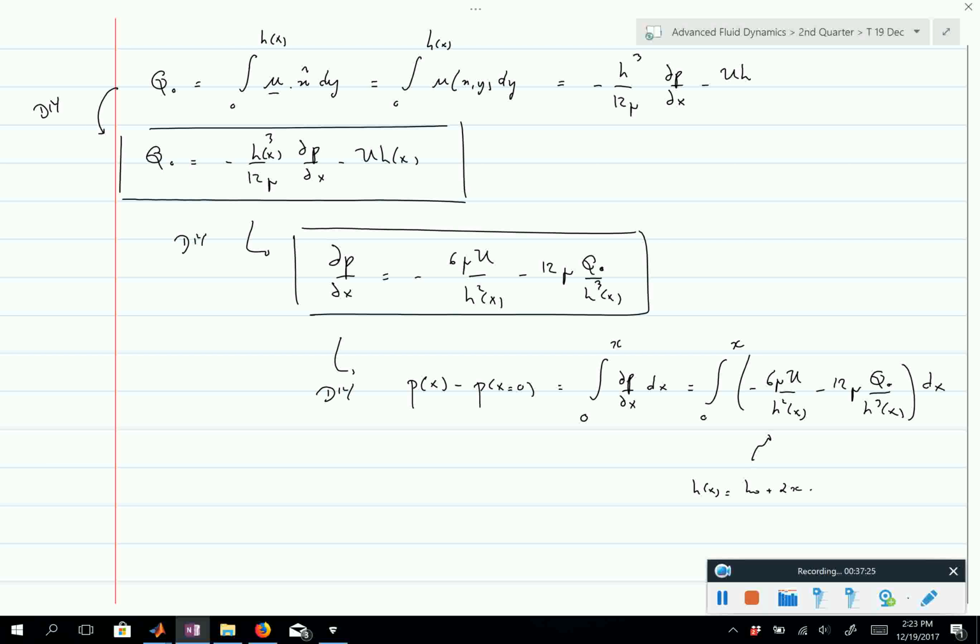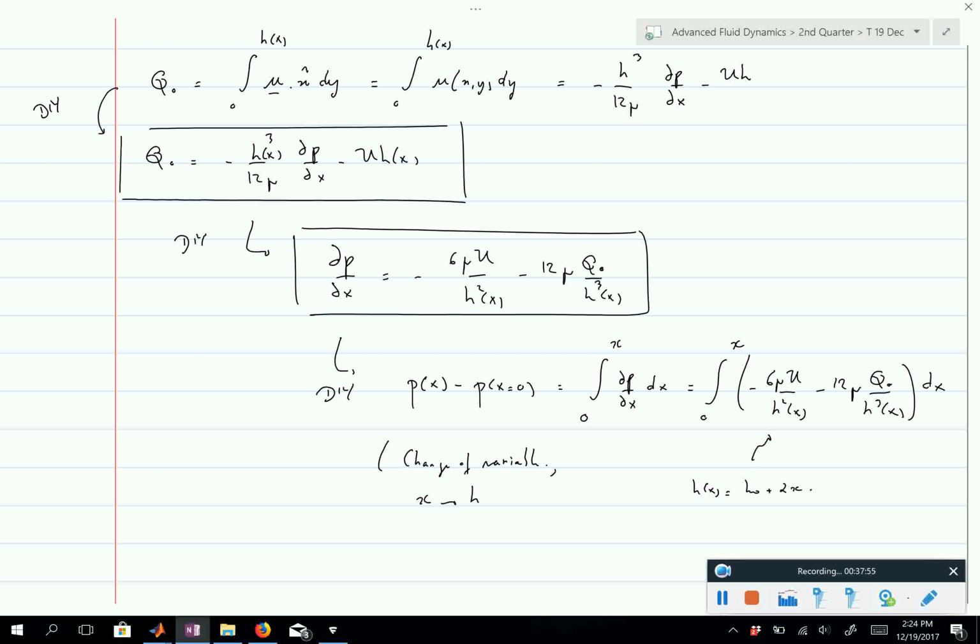Now when you do this integral, which is actually quite difficult to do, it's more tricky, you can do it directly like this with x, or you can do a change of variable where you change your x variable for h. Instead of doing an integral from 0 to x, you do an integral from h equal to h0 to h1.